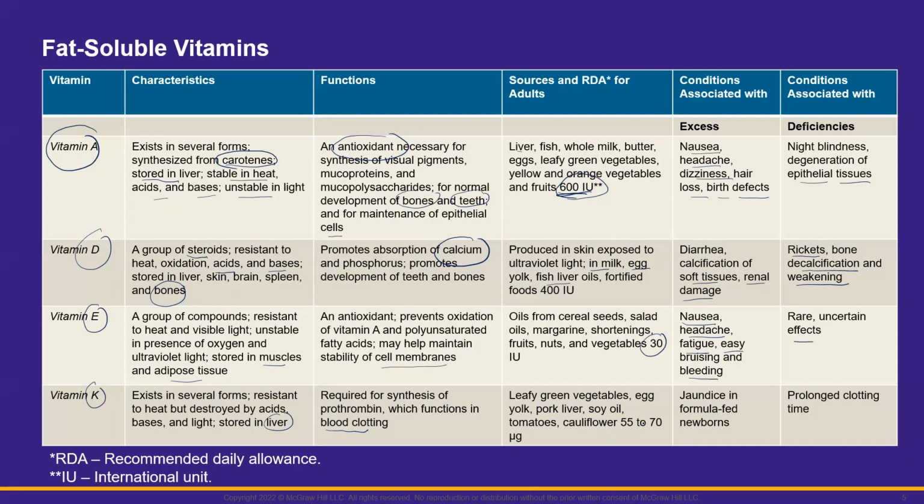The daily recommended intake is about 55 to 70 IU. Excess of vitamin K can cause jaundice in formula-fed newborns, and the deficiency can cause prolonged clotting time. So it's not easy to clot the blood when we are bleeding.